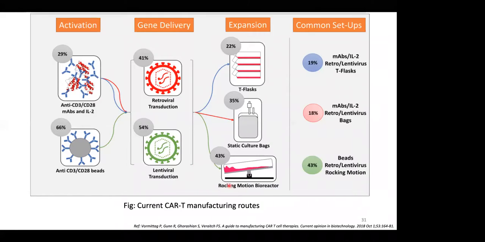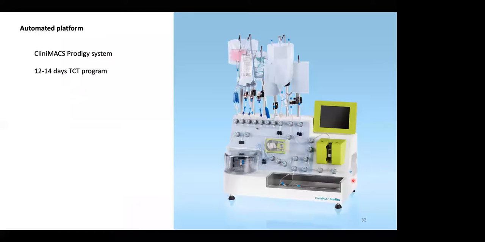Expansion is done using a rock motion bioreactor by the majority of the companies. So the platform essentially is a bead-based activation with a retroviral or lentiviral transduction and expansion in a rock motion bioreactor. And these were all the manual steps.